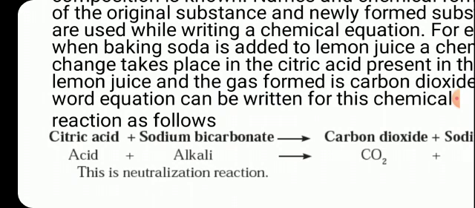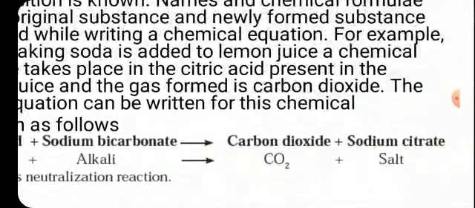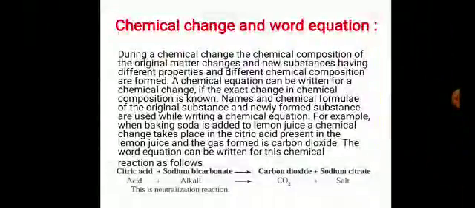Is it clear to you? So what are the names of reactants here? Citric acid and sodium bicarbonate are reactants, and carbon dioxide and sodium citrate are the products. Is it clear to you? Reactants are written on the left side of the arrow and products are written on the right side of the arrow.